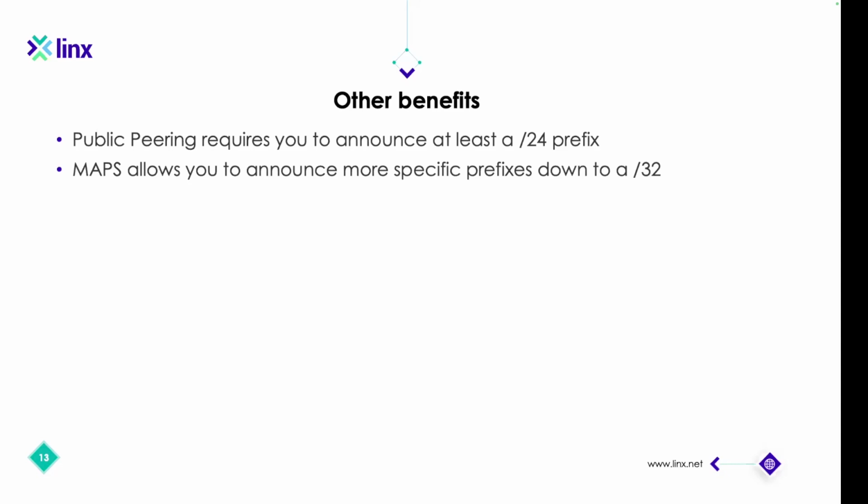And again, if we're looking at the use case of smaller networks, even down to enterprise networks, you might not have a /24, and these days it could actually be fairly expensive to buy a /24 for that reason, especially on IPv4, obviously. So MAPS allows you to announce prefixes as small as a /32.